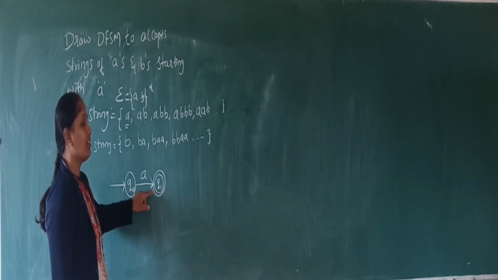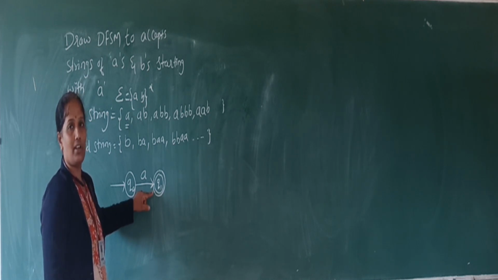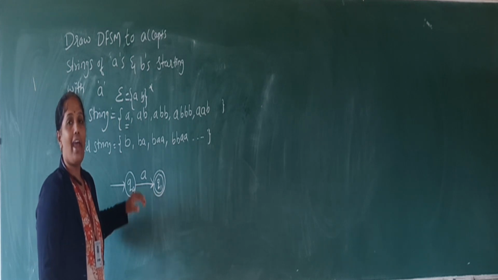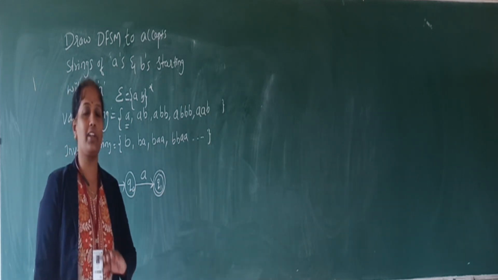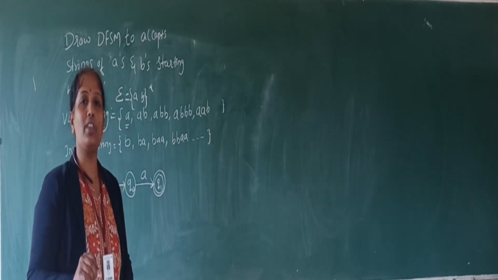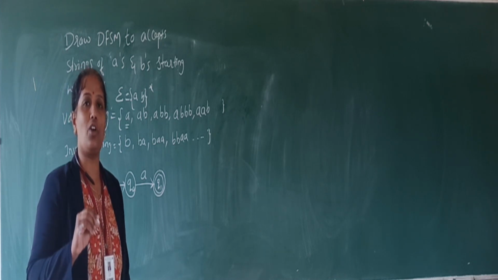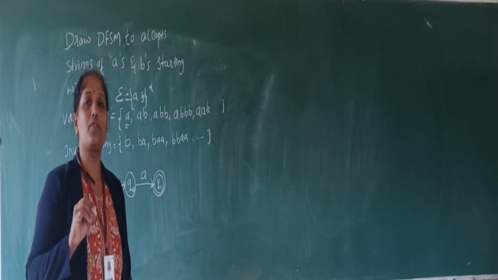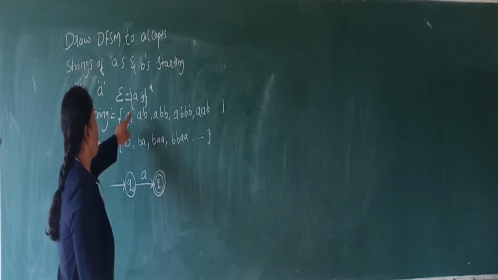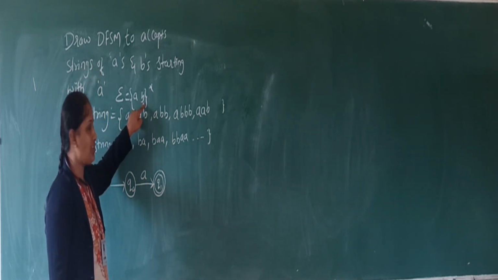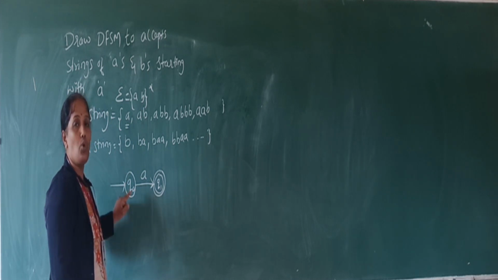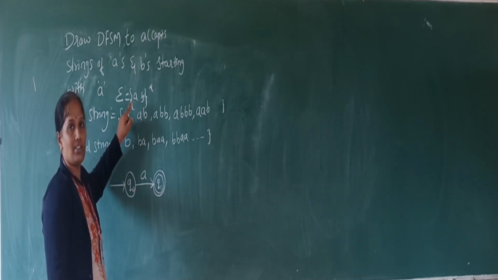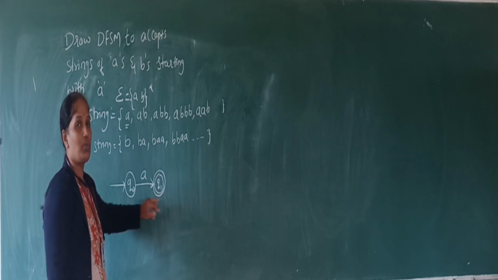After drawing the basic structure of the DFSM, you think about the remaining transitions. As I said, it is a deterministic finite state machine. You should show the transition for each of the alphabets from each state. If the alphabets are A and B, then you should show the two transitions for A and B from each state.